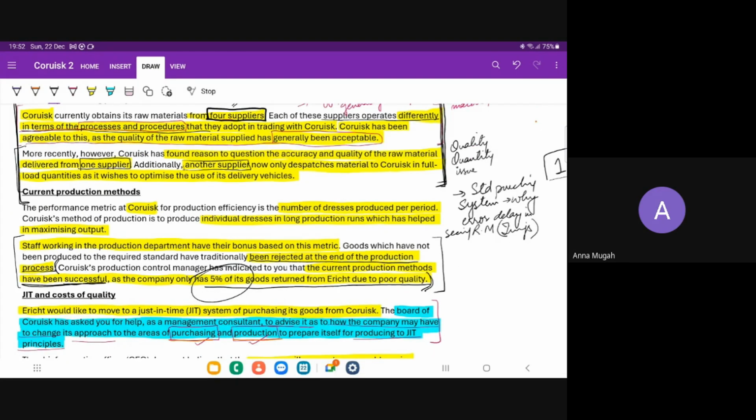The second thing is that Corsair has been agreeable in terms of quality, reasonable, generally acceptable quality. Now, quality is something which needs to be communicated to the supplier. Quality of raw material is extremely important, because whoever is with the company must supply good quality, a specific type of raw material.